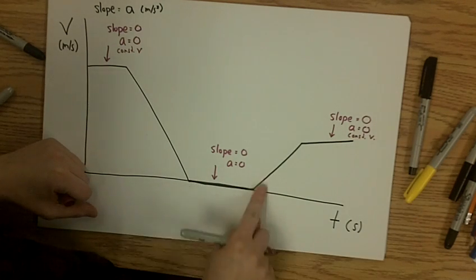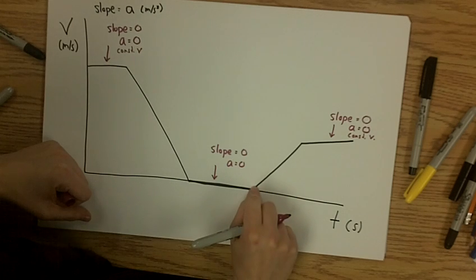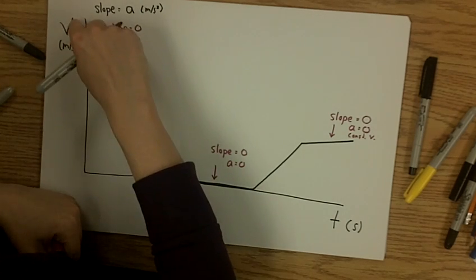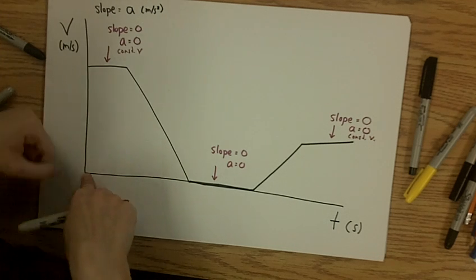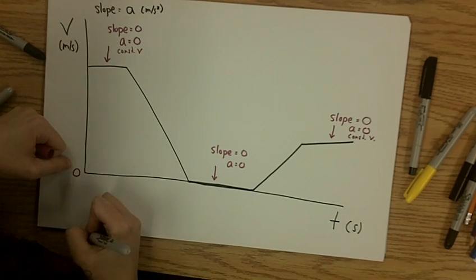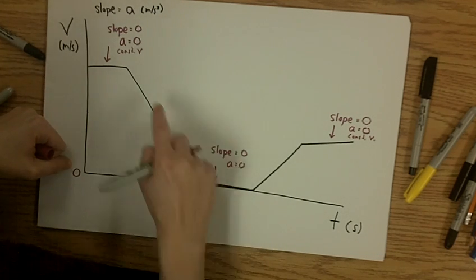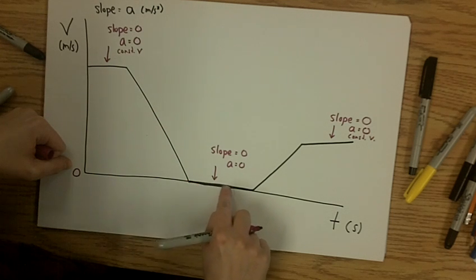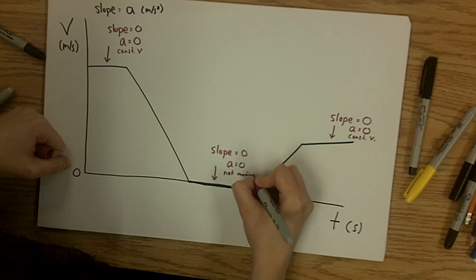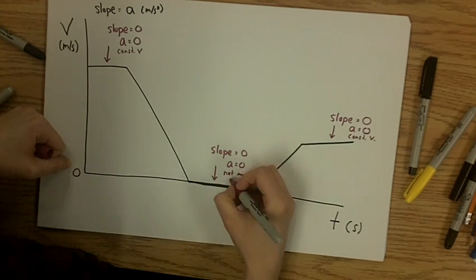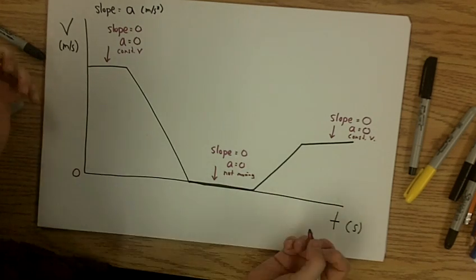If we look at this line here, this is a special case of acceleration equals 0. The velocity at this line is all the way down at the bottom, at the 0 line. This is any time the velocity dips to 0 and stays flat. This is what not moving looks like. It's still constant velocity, but it's constantly not moving velocity.